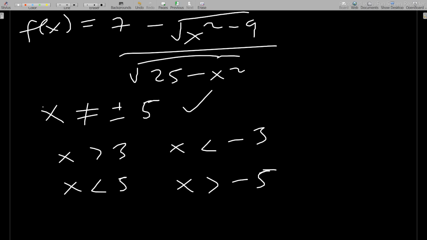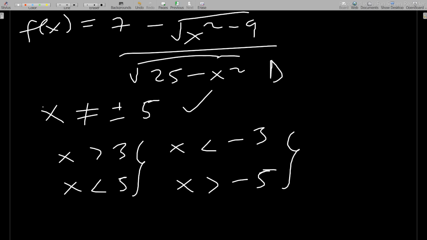When x is greater than 3, it is defined, but x should be less than 5. Looking at these conditions, when x is less than negative 3, like negative 3.2 going to negative 4, it shouldn't reach negative 5. It means that it should be within this range.